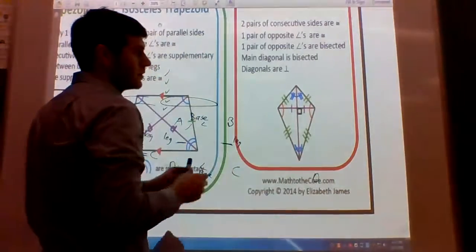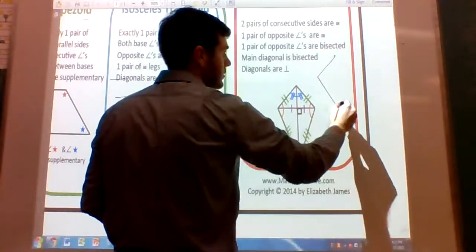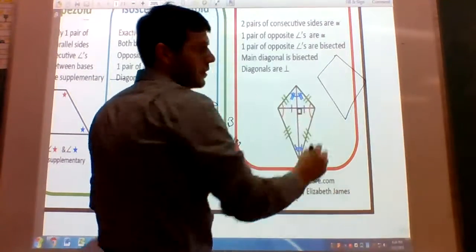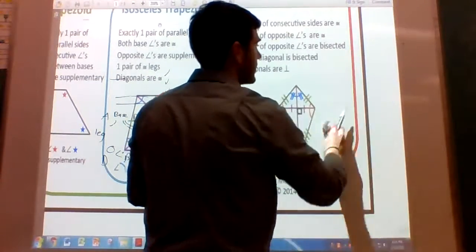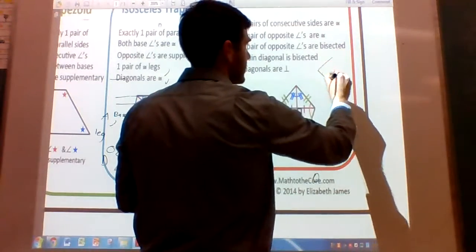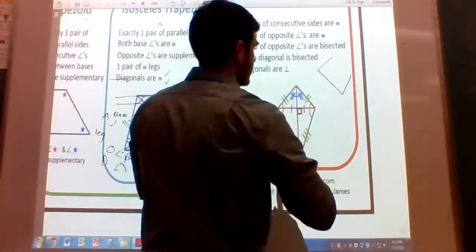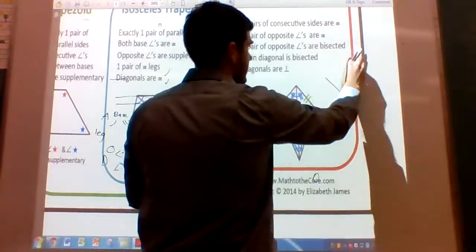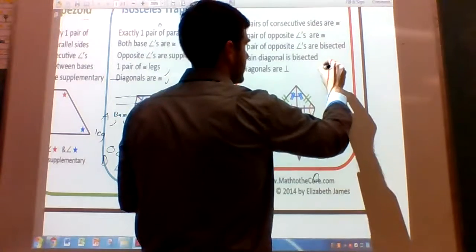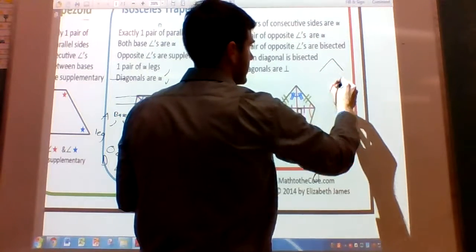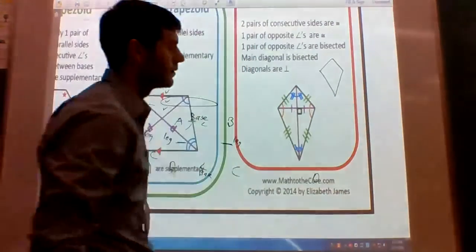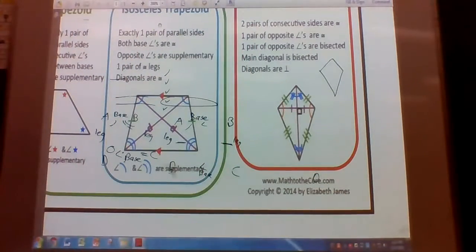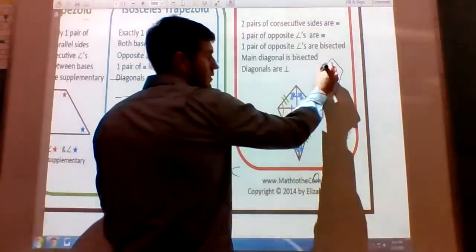So we draw another kite. So our opposite angles are going to be these.